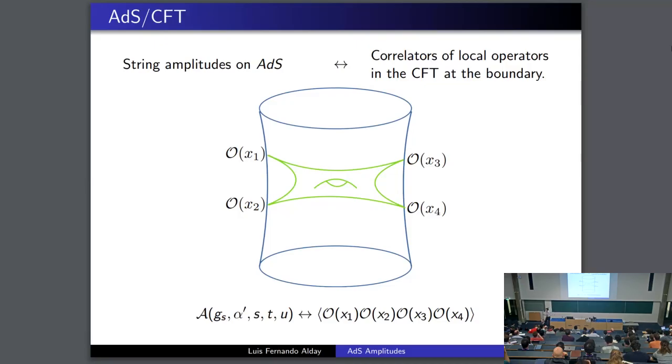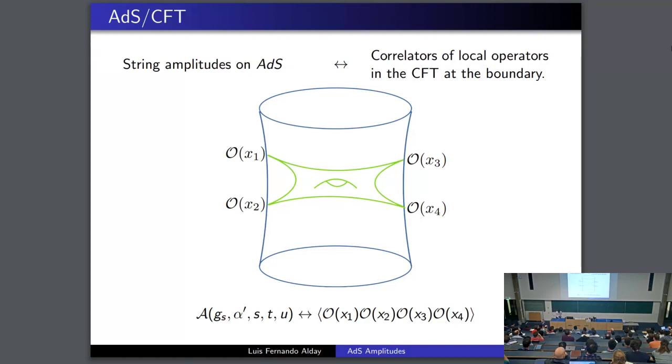The AdS/CFT correspondence tells us how we should think about string amplitudes on AdS. And it tells us in particular that a string amplitude on AdS, our working definition, will be the correlator of a local operator in the conformal field theory at the boundary.